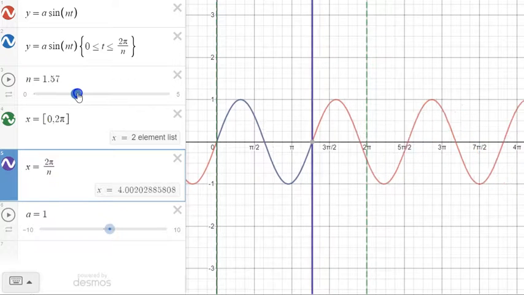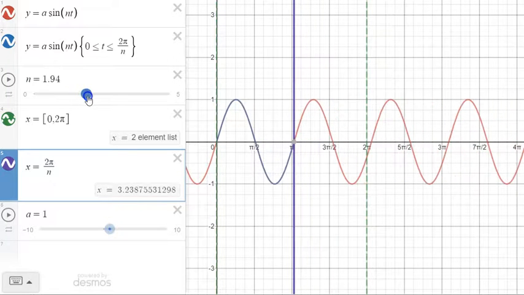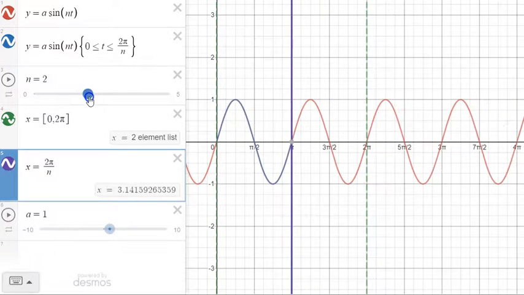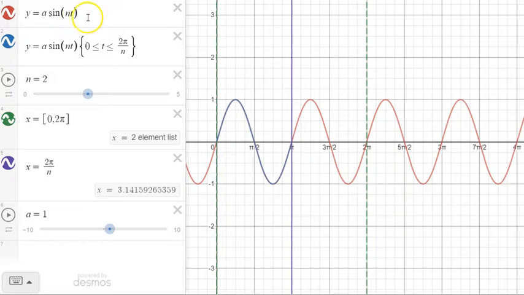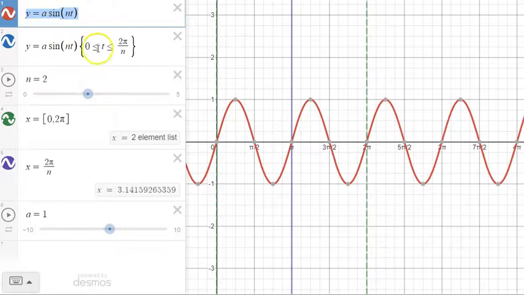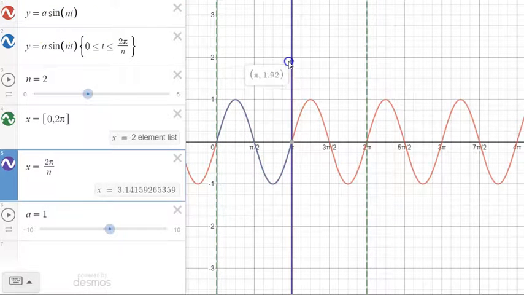And if I increase it to 2, notice the period of this function is going to decrease to pi radians.